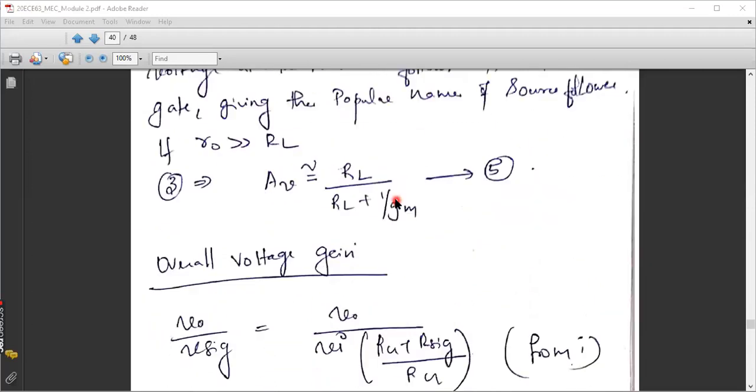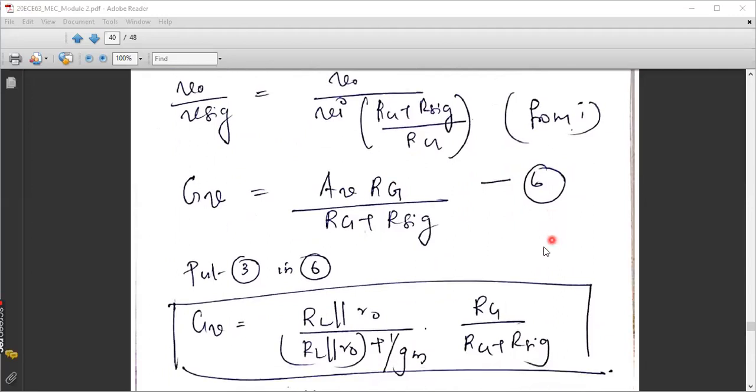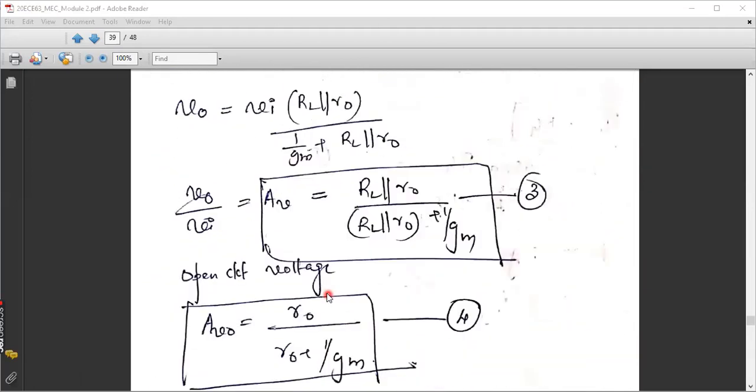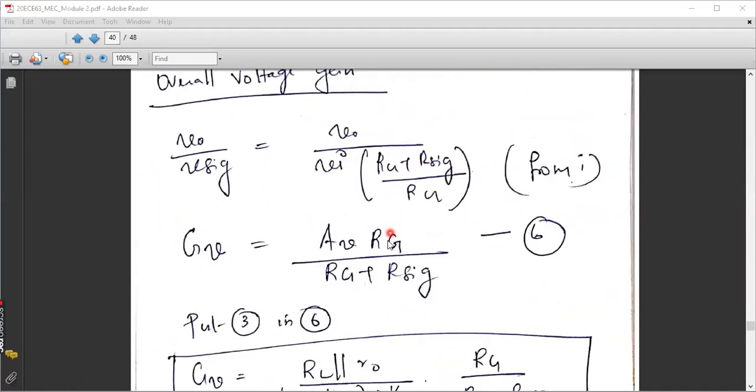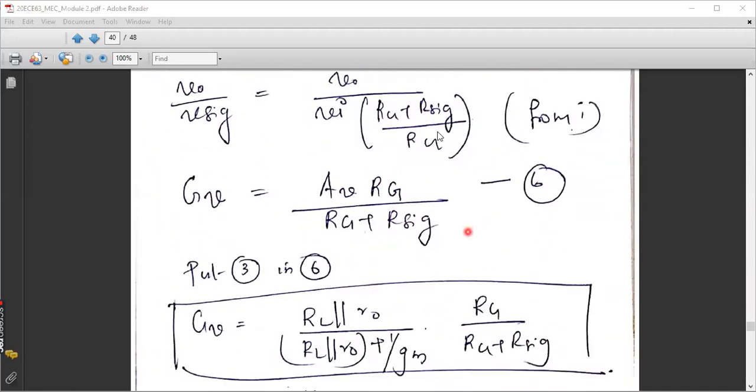Substitute this general equation of AV in equation number 6 and get the result for GV. AV is RL parallel R0 divided by RL parallel R0 plus 1 by Gm. So that equation you will substitute in equation number 6, so that you get the expression for overall voltage gain GV.